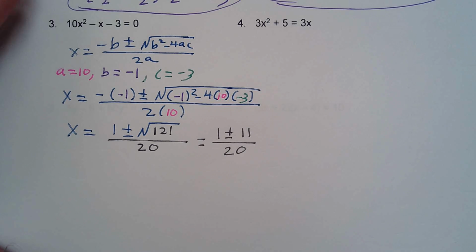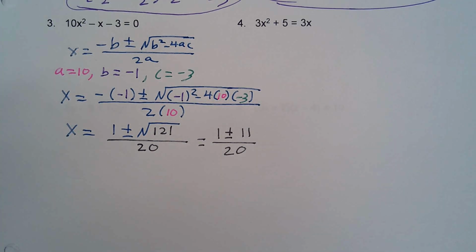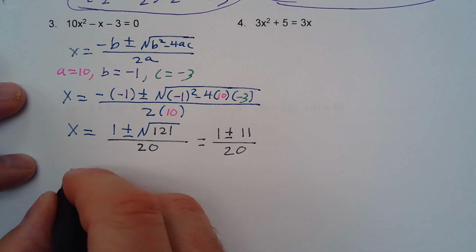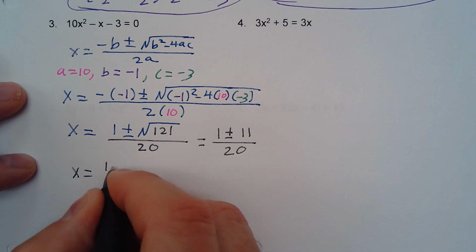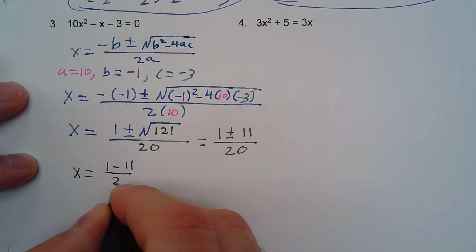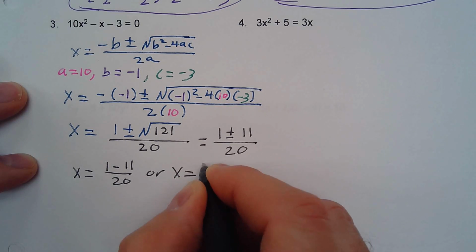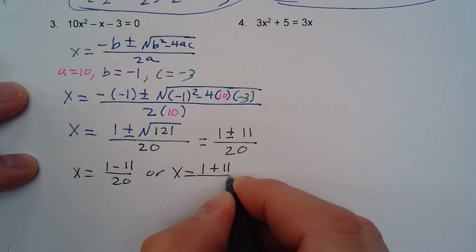I actually have a number that's not irrational, so I can actually break this apart. This means x equals 1 minus 11 over 20, or x equals 1 plus 11 over 20.